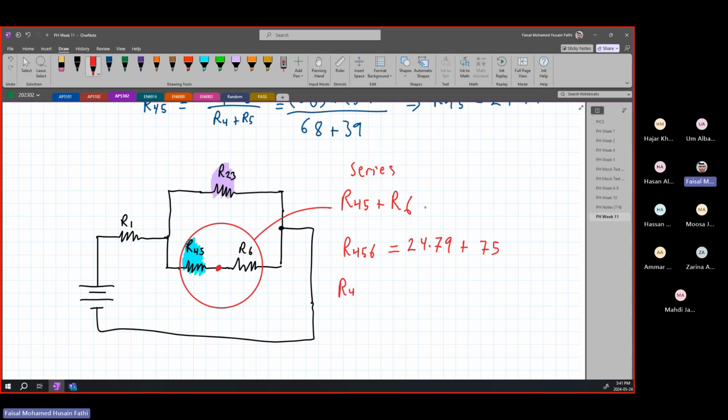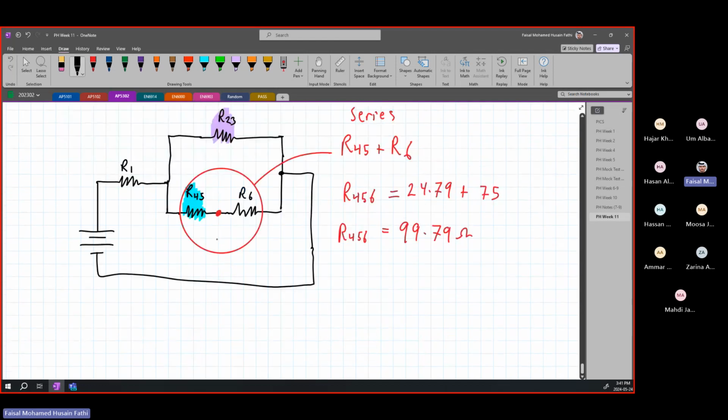So R456 is equal to 24.79 plus 75. We get 99.79 ohms.